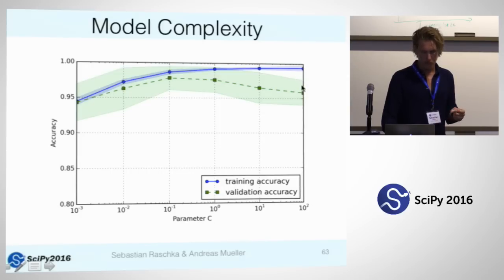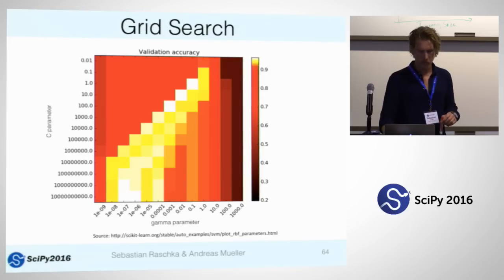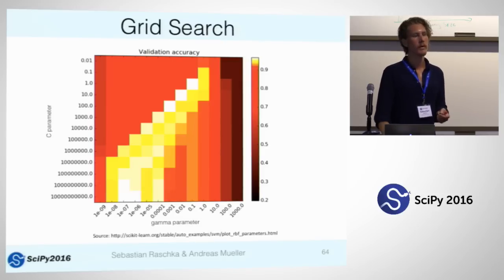The other way around, it's not doing so well if you add too much penalty or too much bias. This is in a very high range. It's just one example I plotted, I think I used the wine data set. We will talk about it in more detail later. And when we do grid search, what grid search basically means is we generate a grid of different parameter combinations.